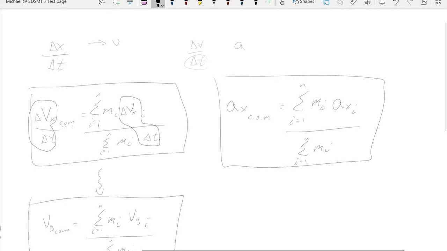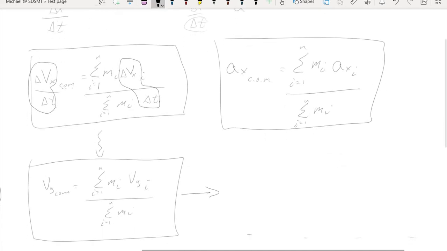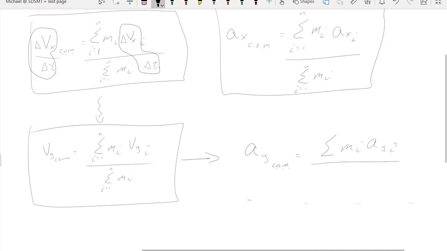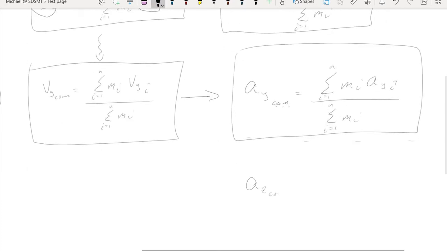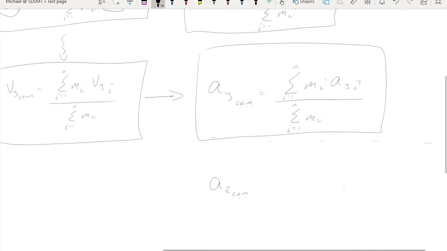And now we have an equation for the x component of our center of mass acceleration. We can then reproduce that process to find the center of mass y component of acceleration. We would need each individual y component acceleration. And then again, if you needed a z component, you could very easily reproduce that. Just replace your y's with z's.